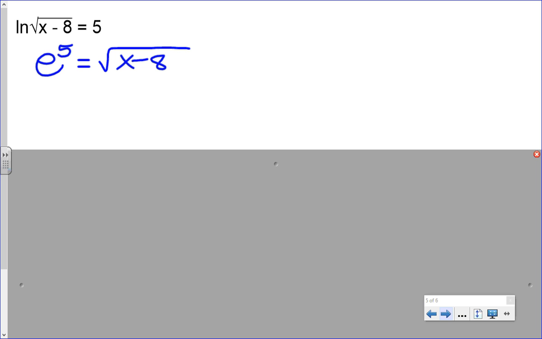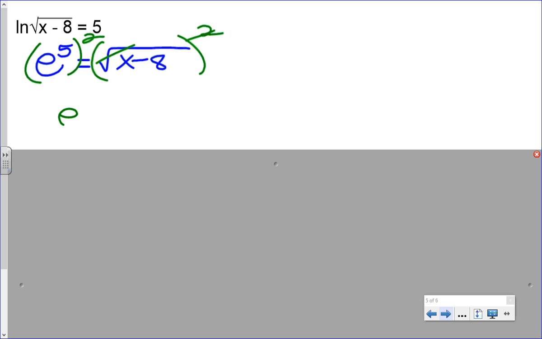Okay? So now, since x minus 8 is underneath the square root, how are we going to get it out? We need to square both sides so that the square root and square cancel.